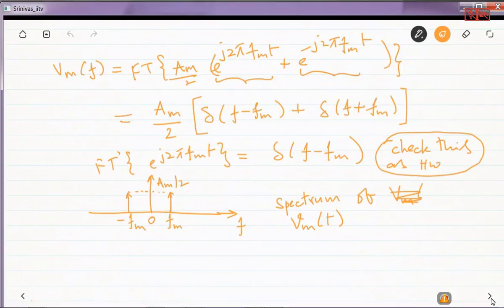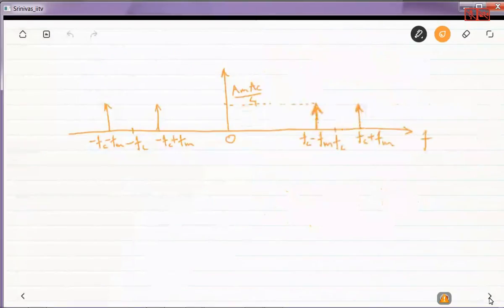So now let's consider whether the same operation can do this or not. Our intuition says yes: if we can do this for a single sinusoid, we can do this for any finite bandwidth signal. But let us do that both graphically and through mathematics, and convince ourselves that this technique works, and then we will go on to discuss more.